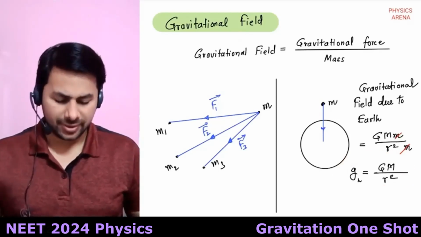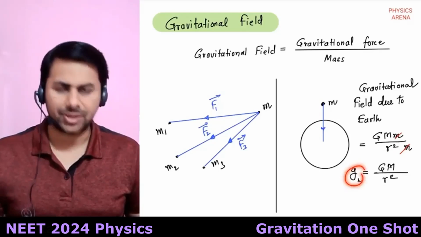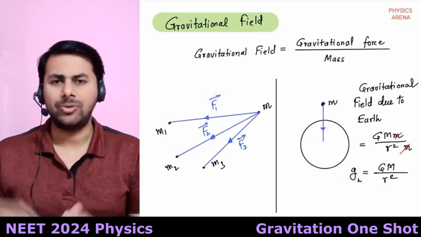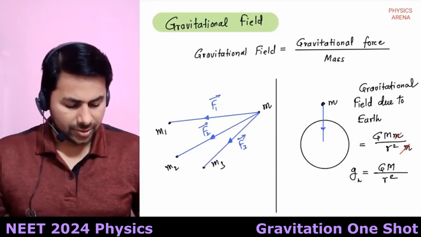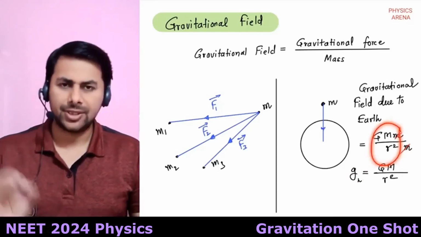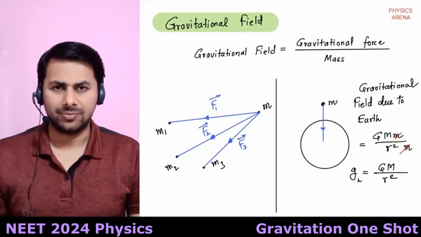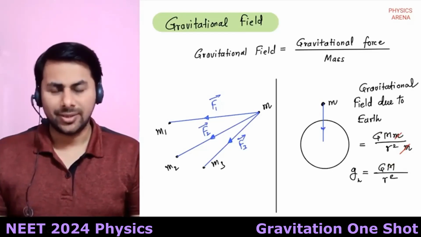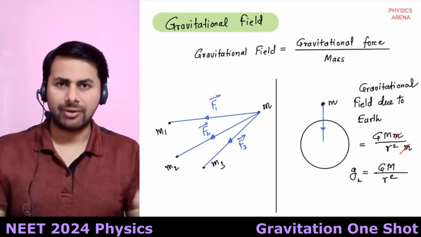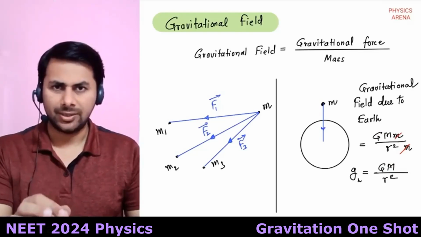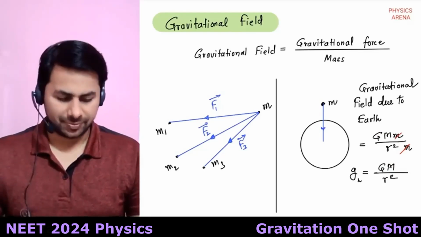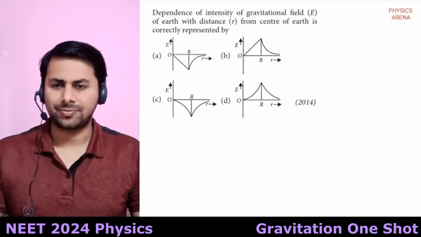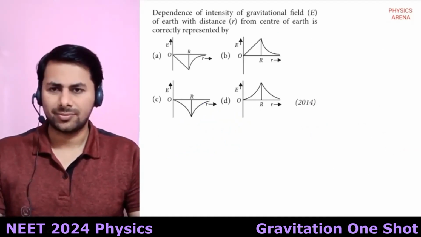So you can say this is another name for acceleration due to gravity if we are talking about the gravitational field of Earth. For everything else, it will be the total gravitational force at a point divided by the mass that you are keeping at that point. Is this point clear?